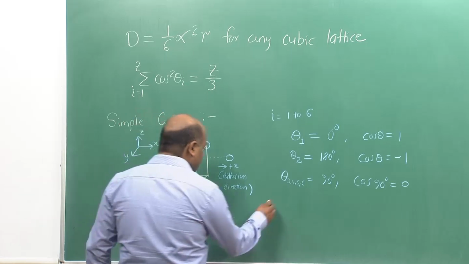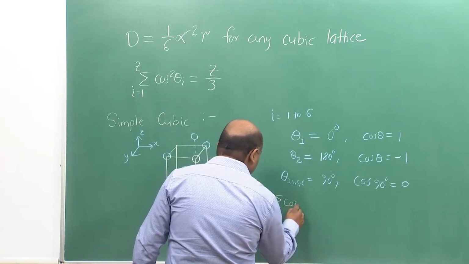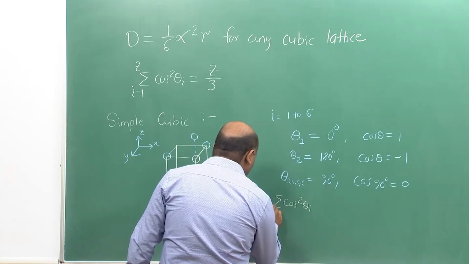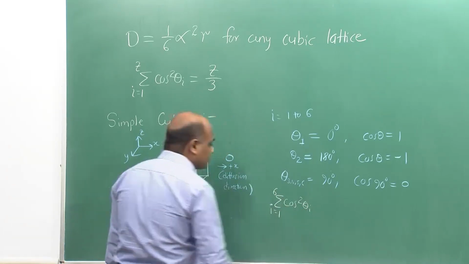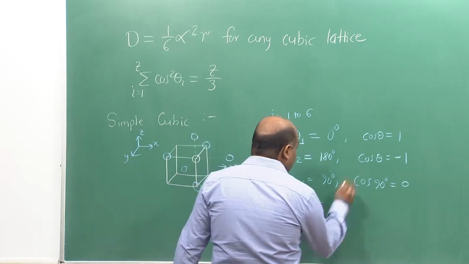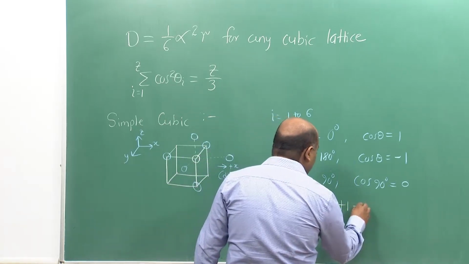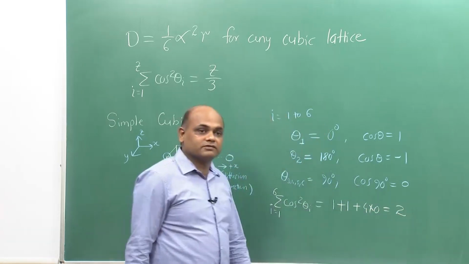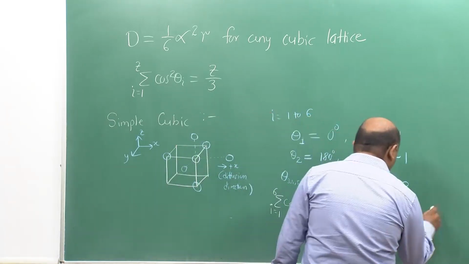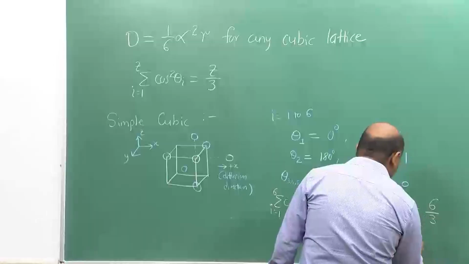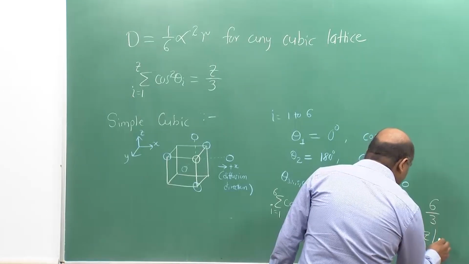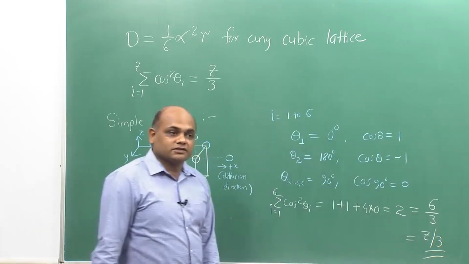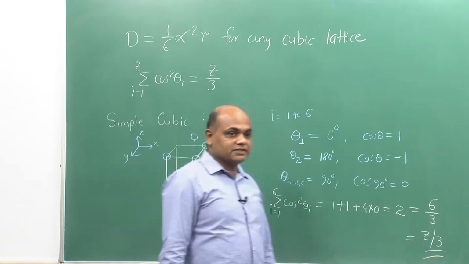If we take the summation of cos square theta I, with I from 1 to 6 for the cubic lattice, we will have 1 plus 1 plus 4 times 0, which is 2, or it is 6 by 3, and 6 is the coordination number for simple cubic lattice. So, sigma cos square theta I is z by 3.